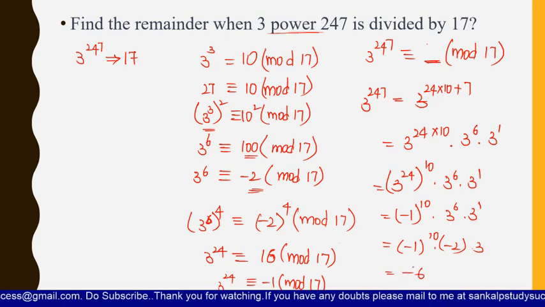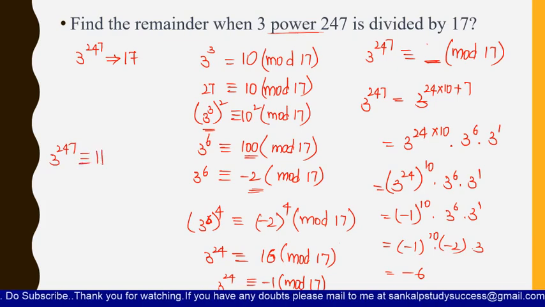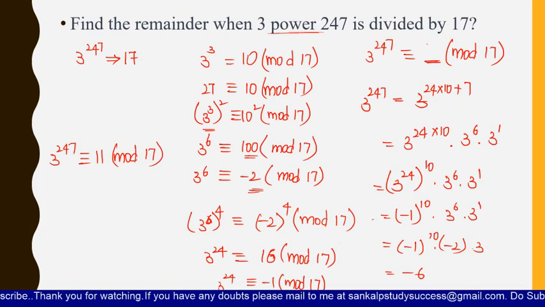Here in this case, minus 6 will be changed as what? 3 to the power of 247 is congruent to 11 mod 17, right? Why am I writing in this way? Minus 6 is the negative residue, right? It is a negative number. So change minus 6 to its least residue.